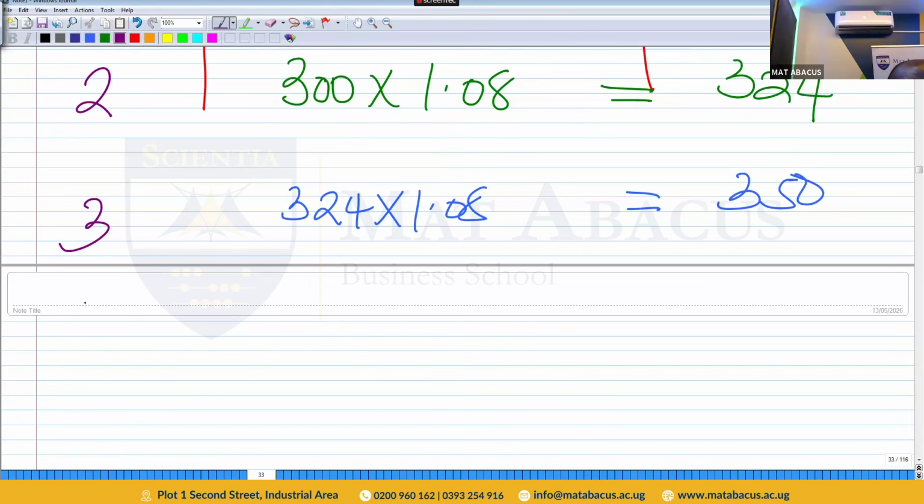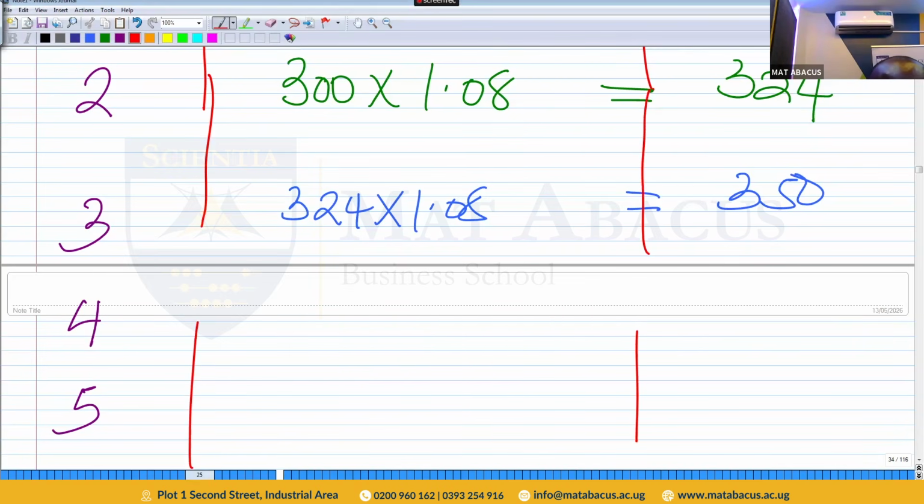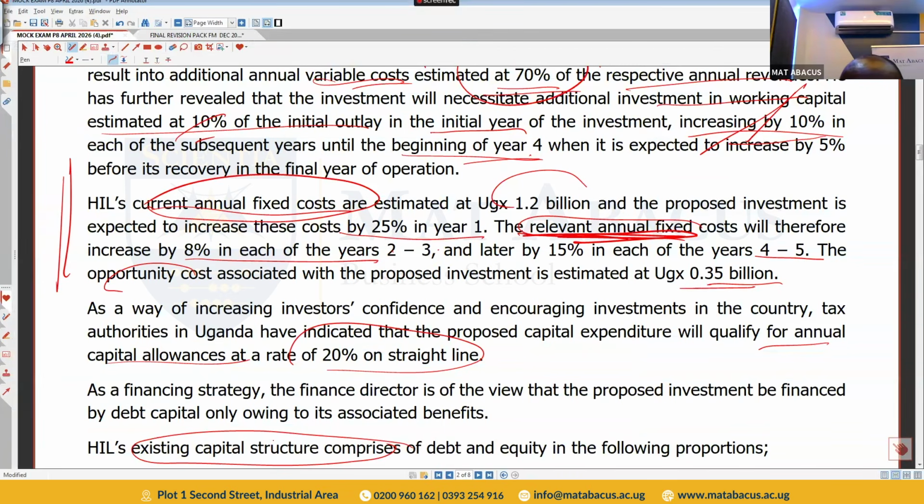What happens in year 4? What happens in year 5? Let us go and read. We had stopped here. Then later, by 15%. Mark that word by in each of the years 4 and 5.